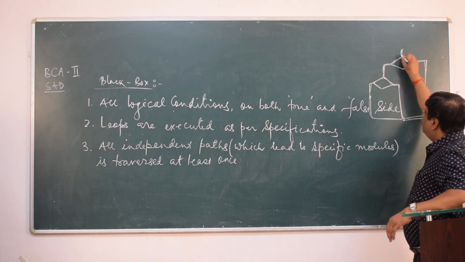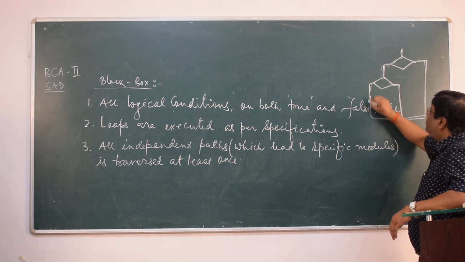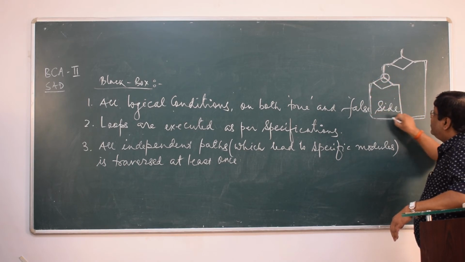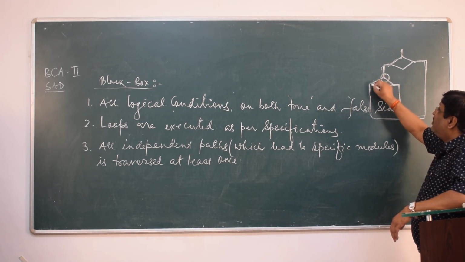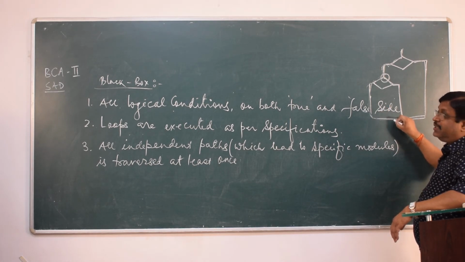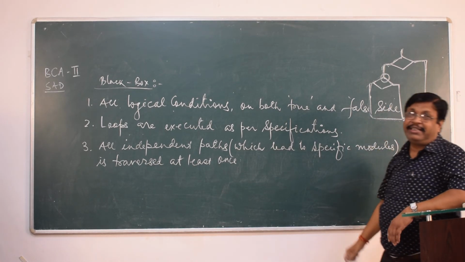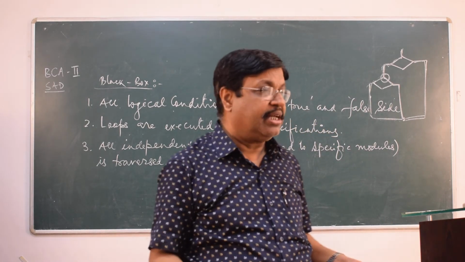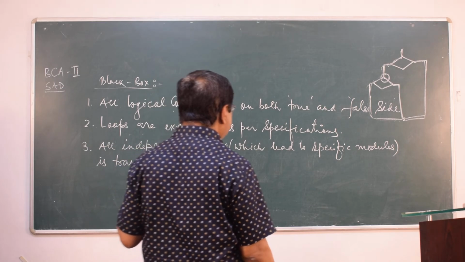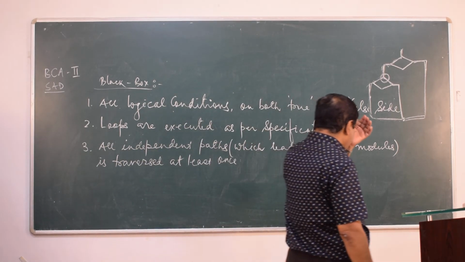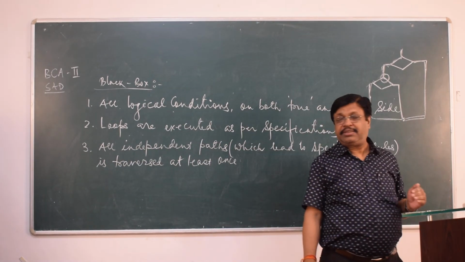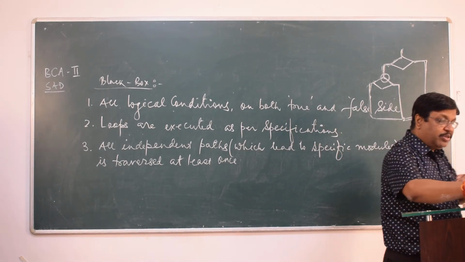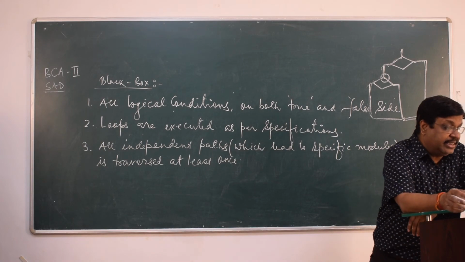Say control never comes to this path, it means here the condition is useless, and the statements written for this branching are also useless. This increases the execution time, the total length of the program, and the execution of the total program becomes delayed. So all the independent paths in the program are tested.